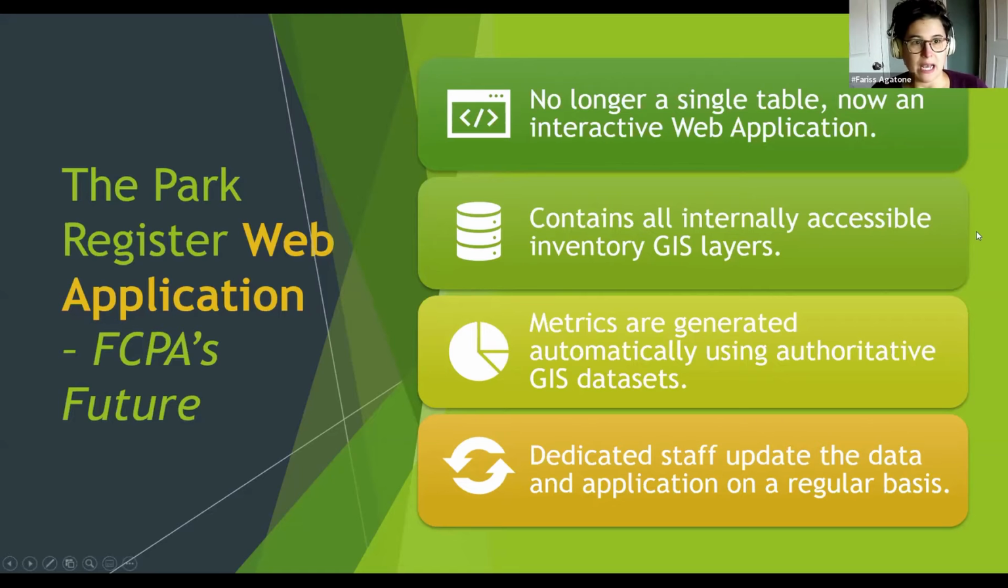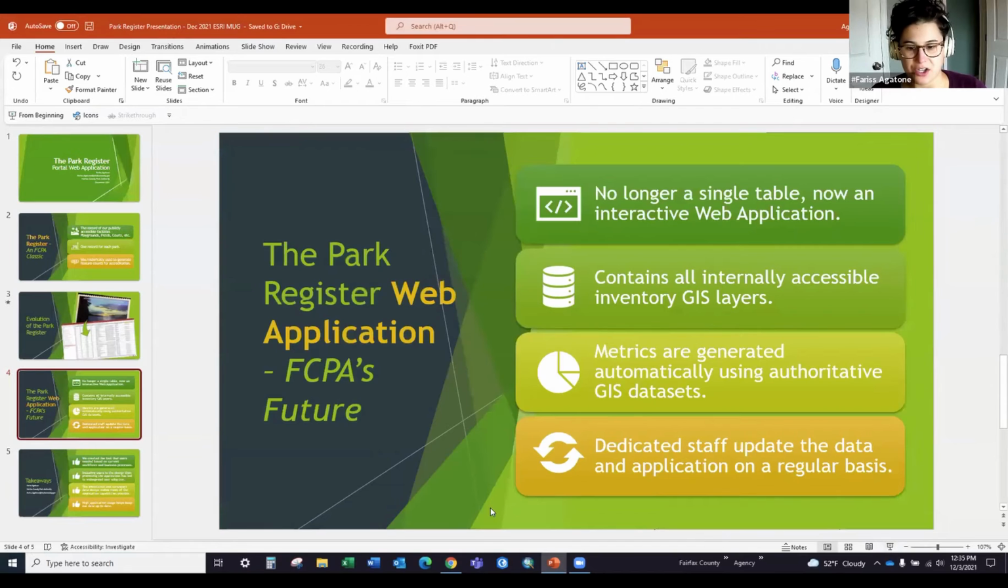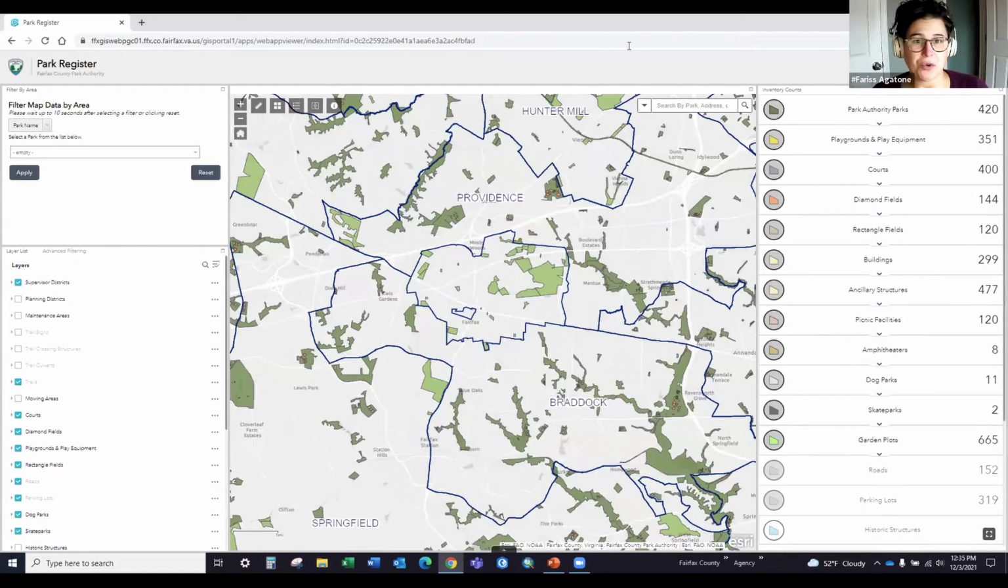So I'm going to hop out of my presentation here and move over to the web app. I want to show you all how it works. It's built in Web App Builder. Of course, like I said, it's in our portal, so it's behind our firewall. This is only available to Fairfax County staff, but we really did design it for the Park Authority staff.